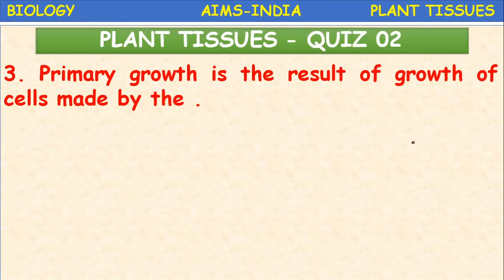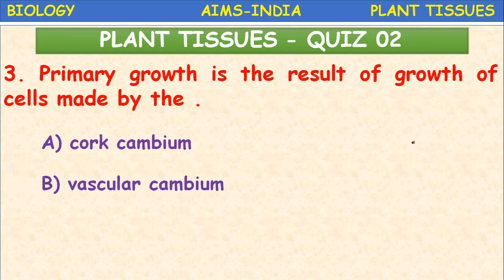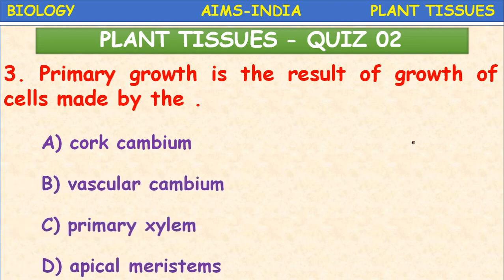height. Okay. The primary growth is the result of growth of cells made by the cork cambium, vascular cambium, primary xylem and apical meristems. Primary growth, apical meristem. In the root tip and shoot tip they are present, so they involve in the primary growth.